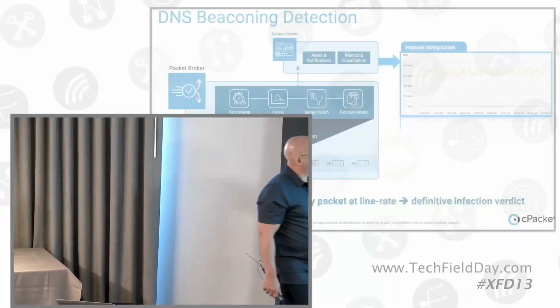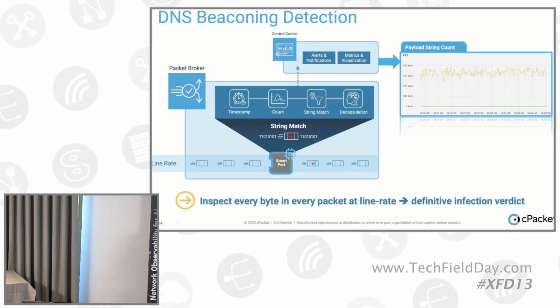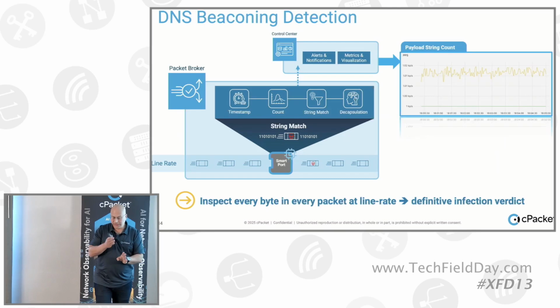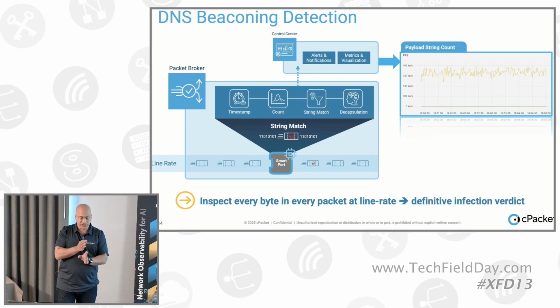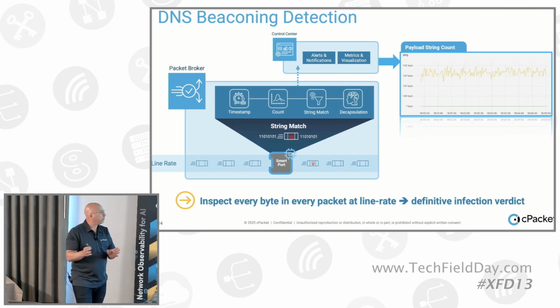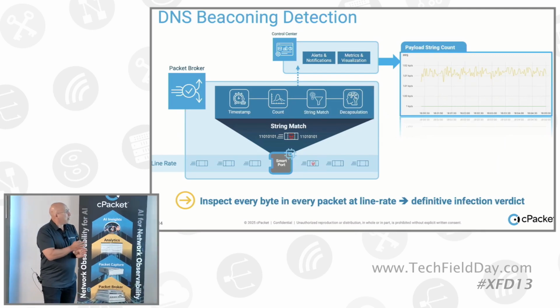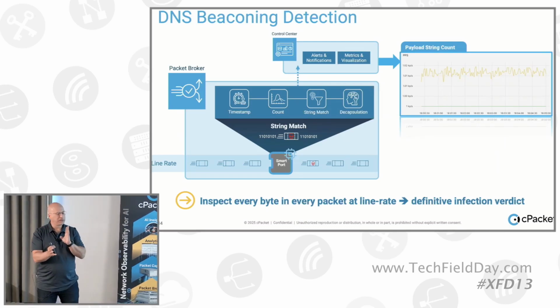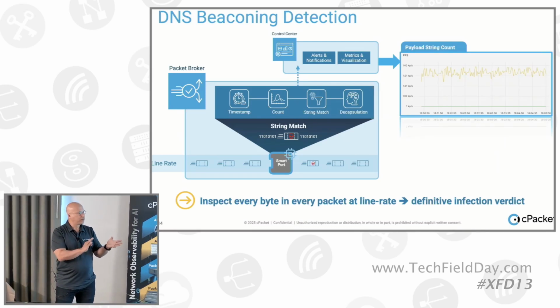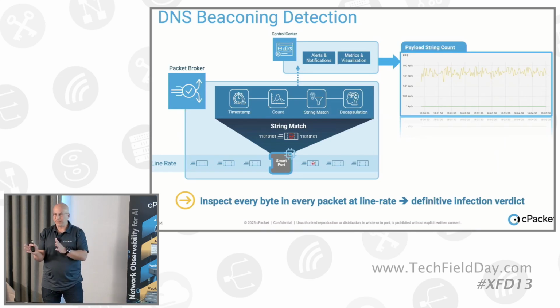The way the smart port is built is really around multiple functions. They're all implemented over FPGA and or ASIC, which allows us to keep line rate and inspect every single packet. The first thing is timestamping, which is relevant in security if you want to reconstruct an event across multiple data centers.